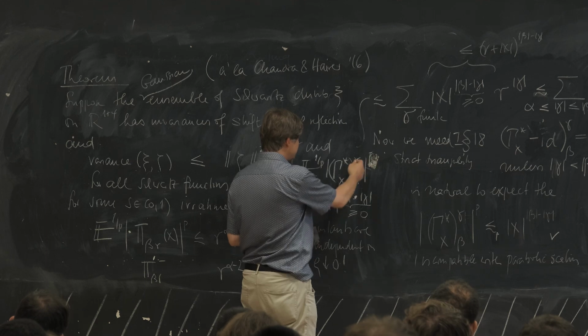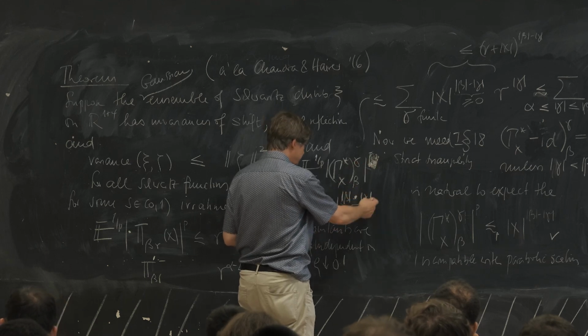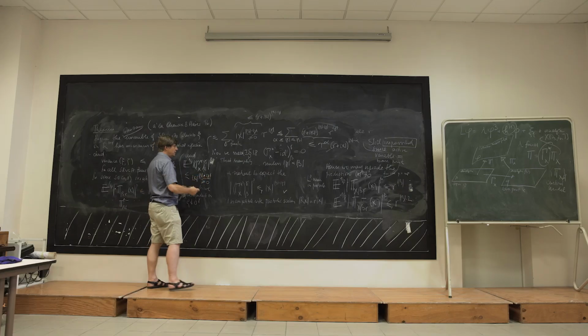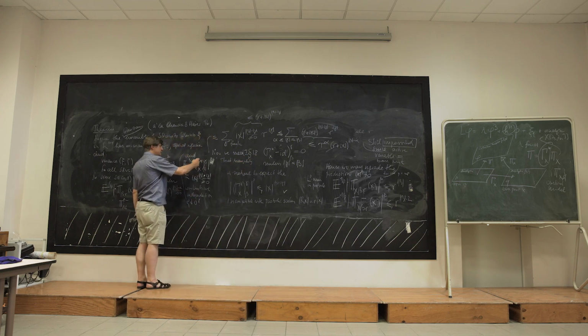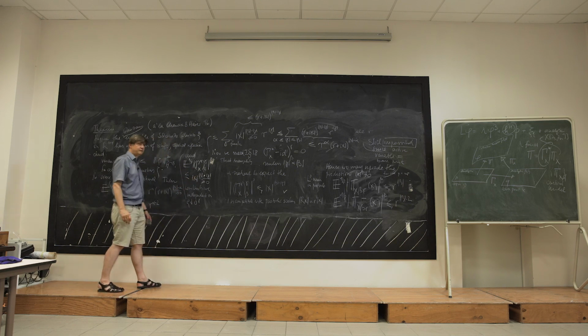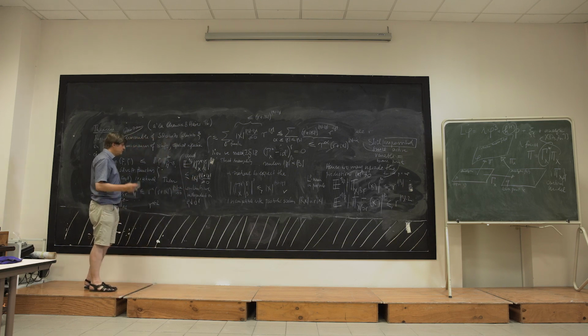And in fact, if this exponent is equal to 0, by the strict triangularity, this entry is just 1, and then it's also trivial. So I might even say this statement is only non-trivial when this exponent is in fact strictly positive.